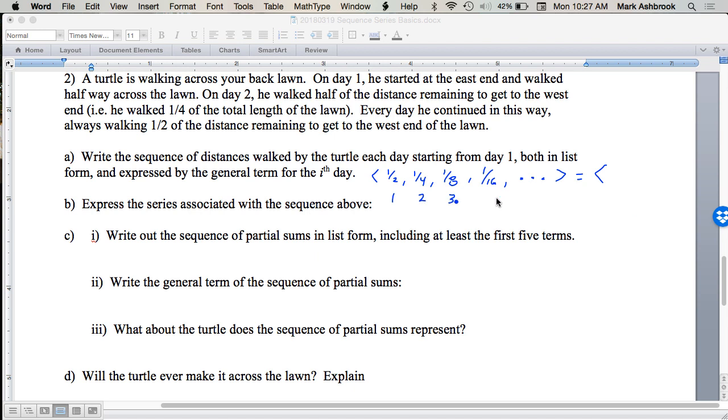The summation of the list. So given those i values, 1, 2, 3, 4, what do we do with i to get the ith term? You should have 1 over 2 to the i. Did you get it? 1 over 2 to the i. Or 1/2 to the i is also a way to say that.